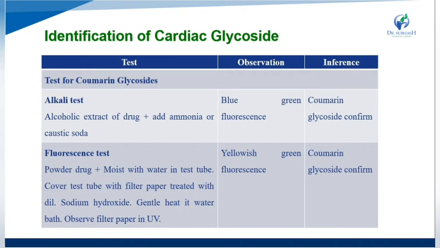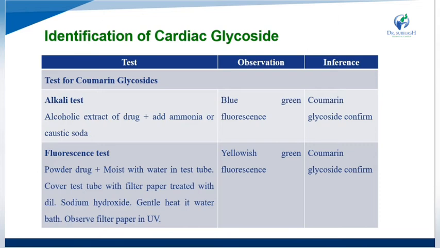Then the second test, that is the fluorescence test. So powder drug plus moist with water in a test tube, okay. Then cover the test tube with filter paper treated with dilute sodium hydroxide.